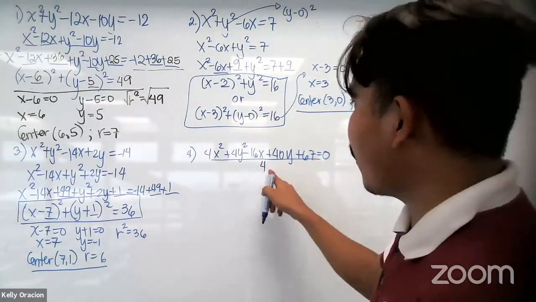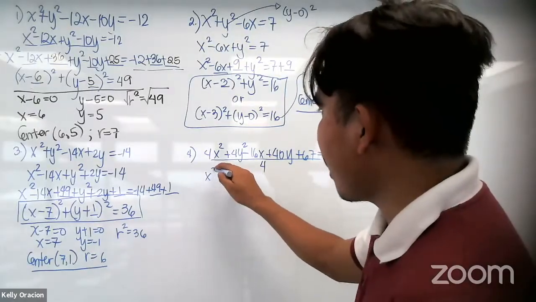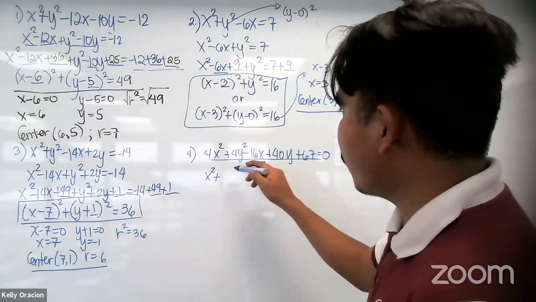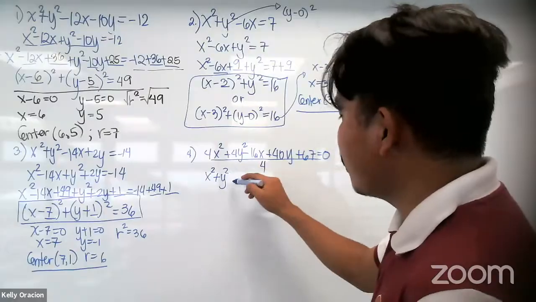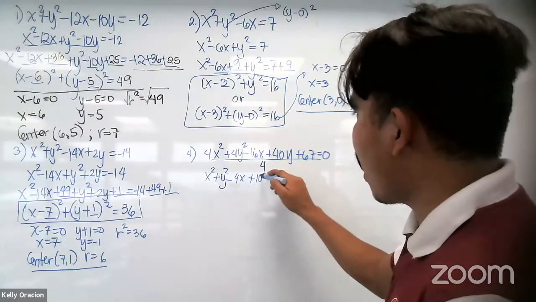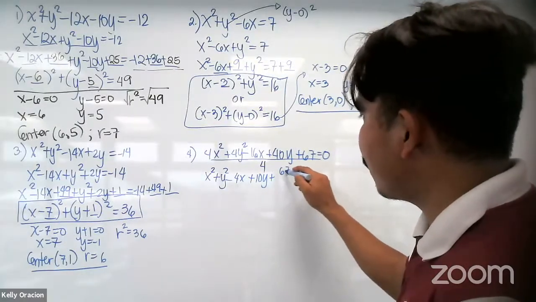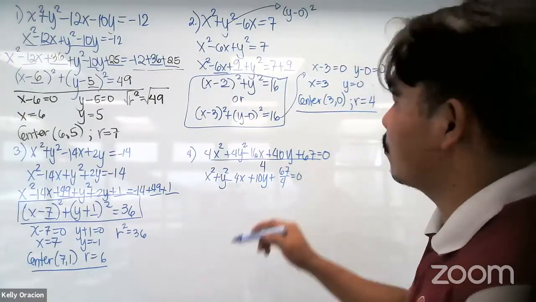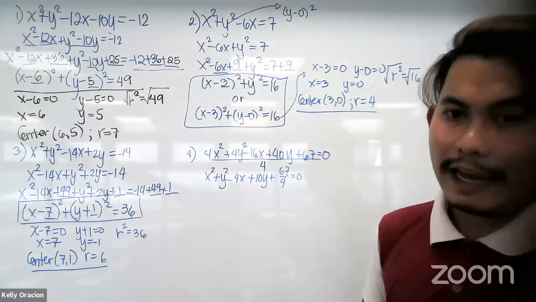So x squared divided by 4 is x squared. Y squared divided by 4 is y squared. Then this is 4x. Then this is 10y plus 67 over 4 is equal to 0.